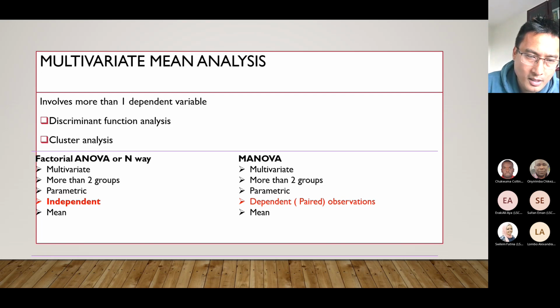If it is independent, it's factorial analysis. If they give something about dependent, it is MANOVA. So the only difference is they will ask, which analysis would you use for an independent variable for multiple variates?